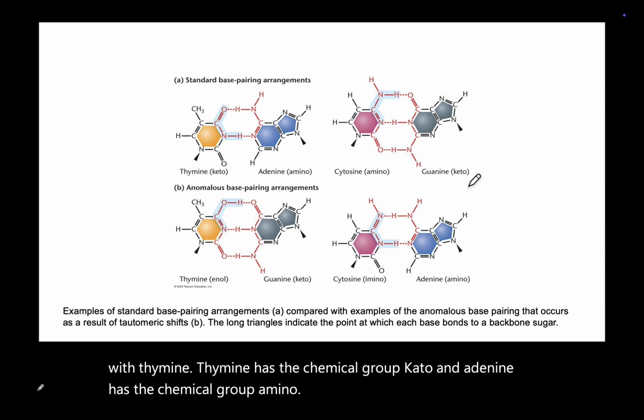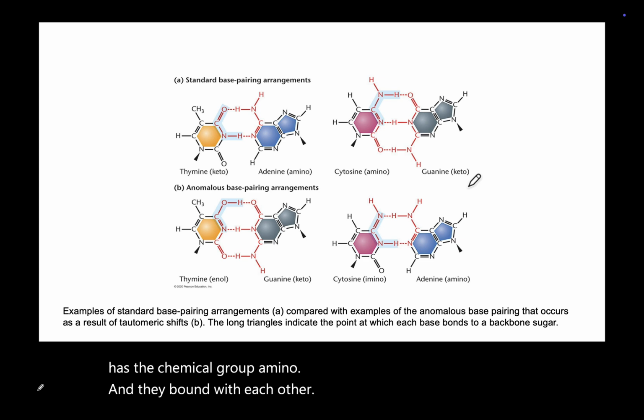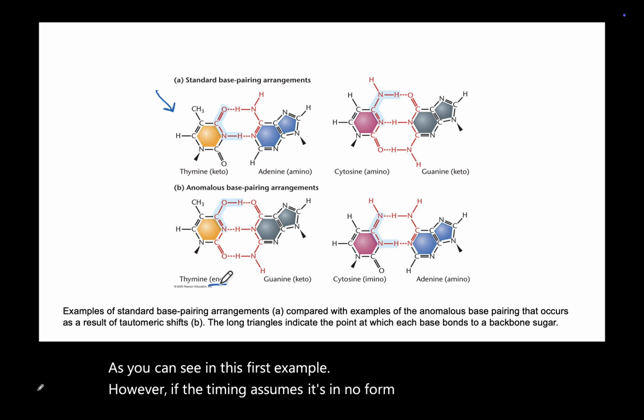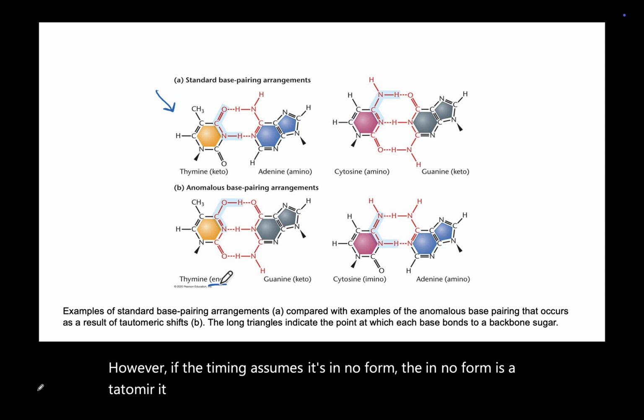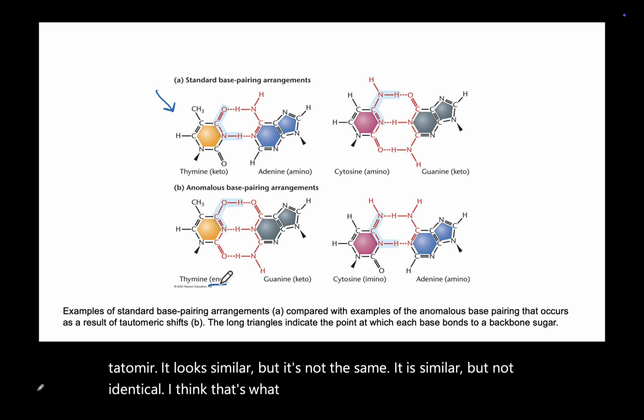And they bond with each other, as you can see in this first example. However, if the thymine assumes its enol form, the enol form is a tautomer. It looks similar, but is not the same. It is similar, but not identical. I think that's what my professor would say.